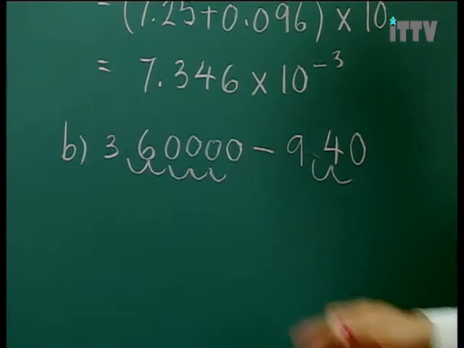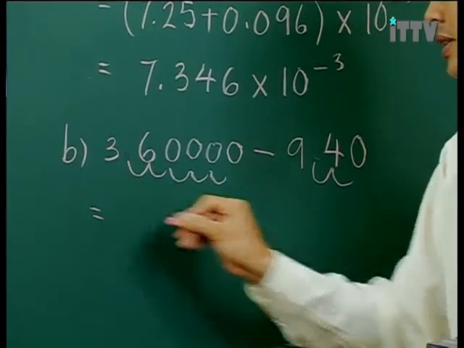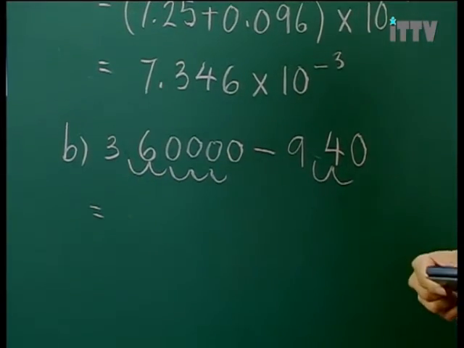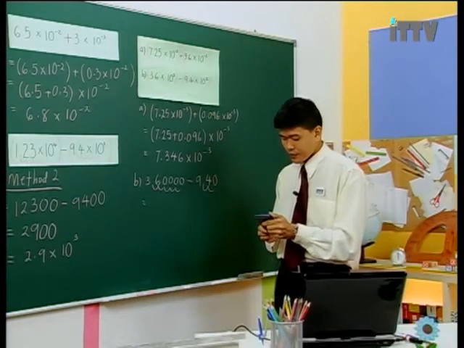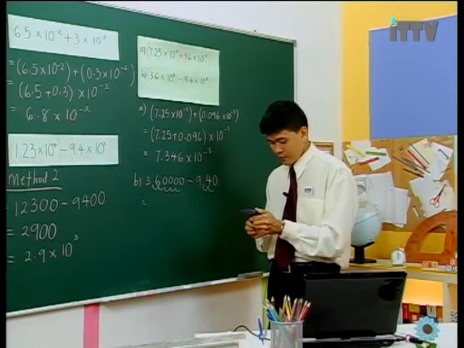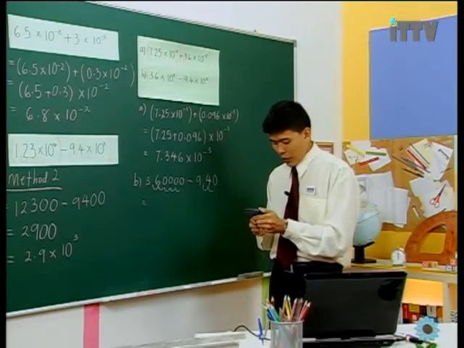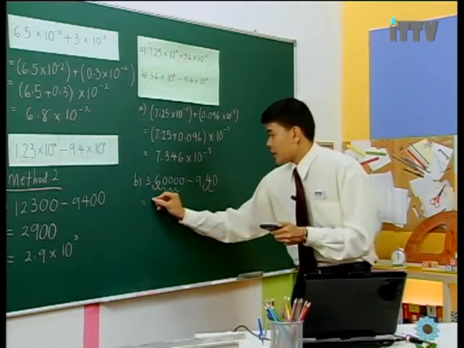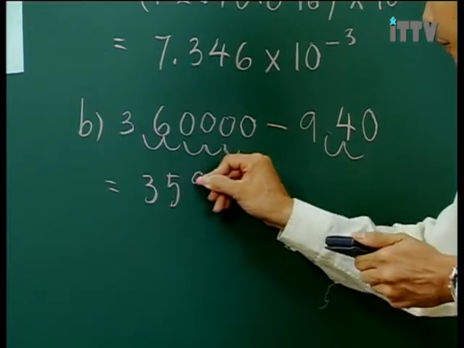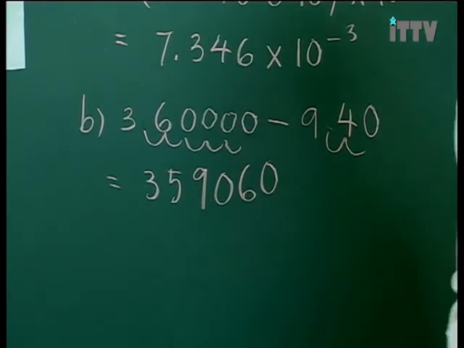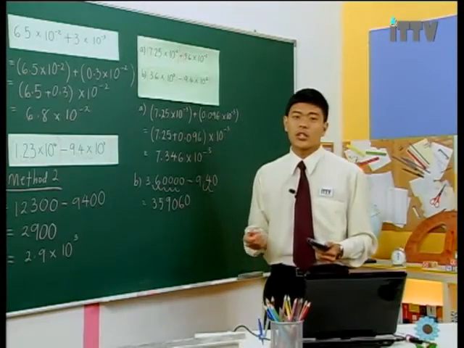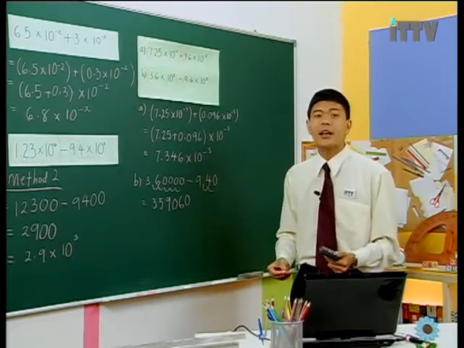Once you have converted back both to single numbers, use your calculator and perform the necessary operation. Alright, what do you get? You should get the answer on your screen. And then finally convert it back to its corresponding standard form.